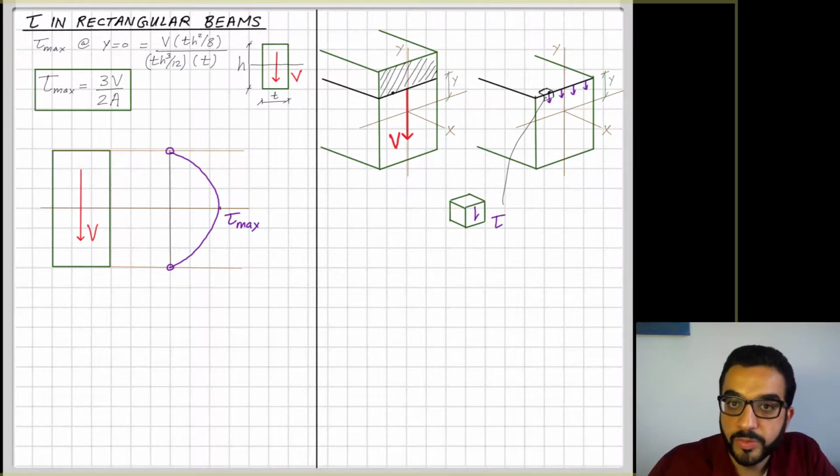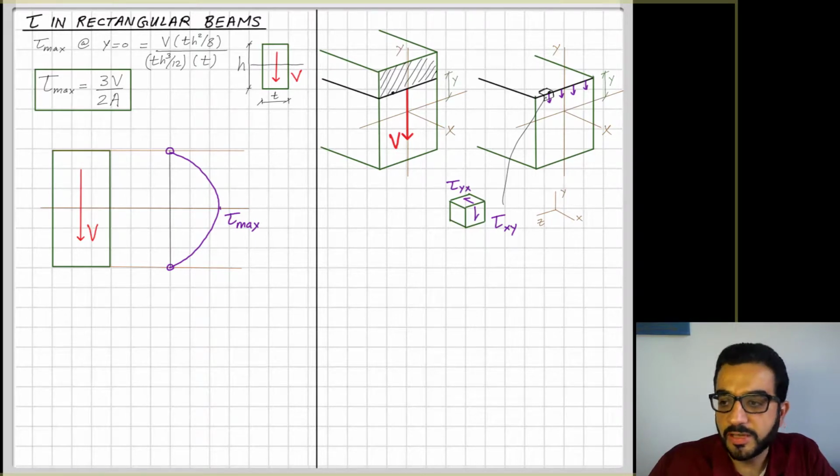But from the general state of stresses, we learned that tau cannot exist alone on one surface of this 3D block. So there will be another tau developing on other faces of the cube. But let's agree here on the coordinates, x, y, z. Once you set up the coordinates, I can now give names to that tau stress.